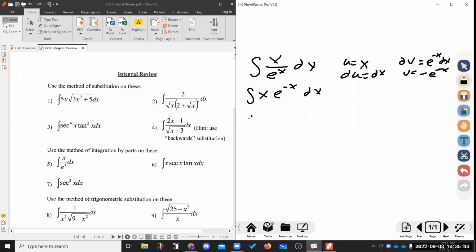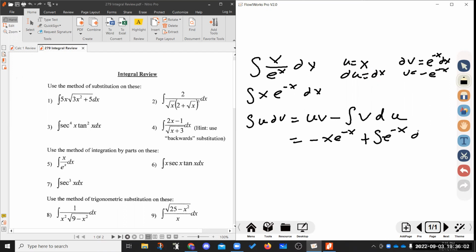So my formula says the integral of u dv is equal to uv minus the integral of v du. So this is going to be uv, negative x e to the negative x, minus the integral of v, there's a negative in v, du, like that. So this is negative x e to the negative x, then minus e to the negative x plus c.